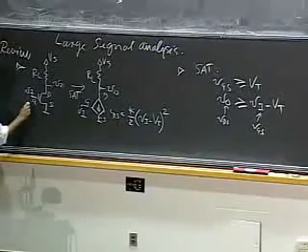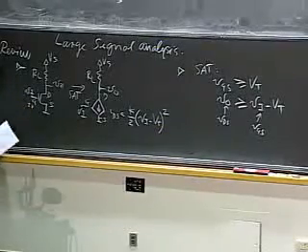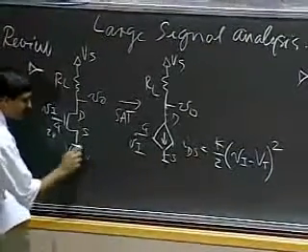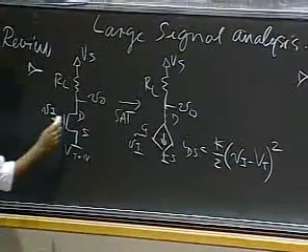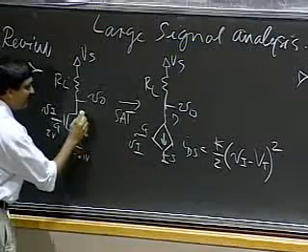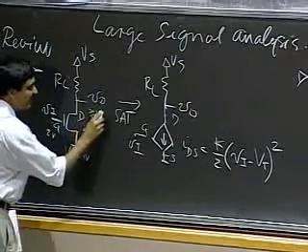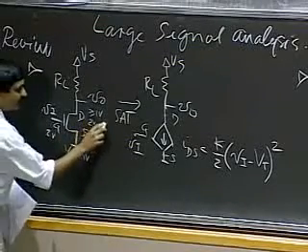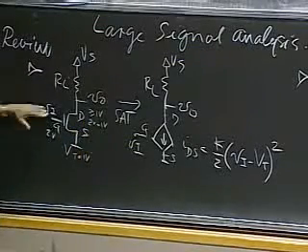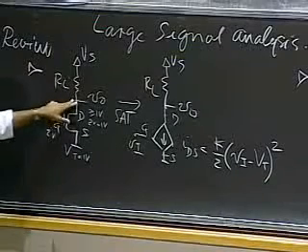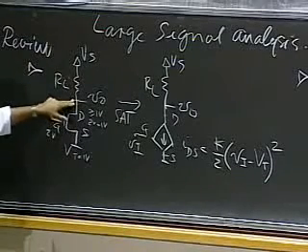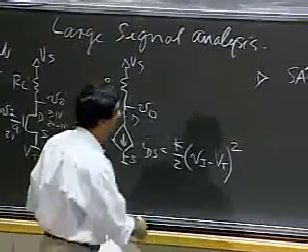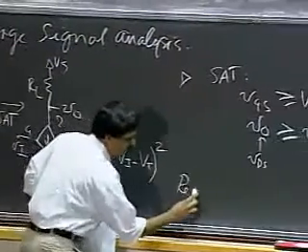As an example, if Vi was 2 volts and Vt was, say, 1 volt, then V naught should be greater than or equal to 2 minus 1, or 1 volt. So I need to keep this high, 2, 3, 4, 5, whatever, a high voltage, so that this guy stays in saturation.